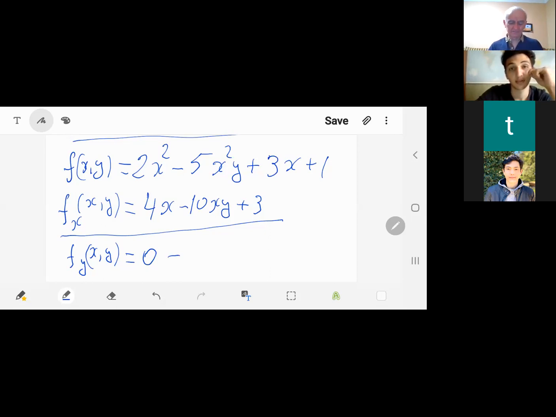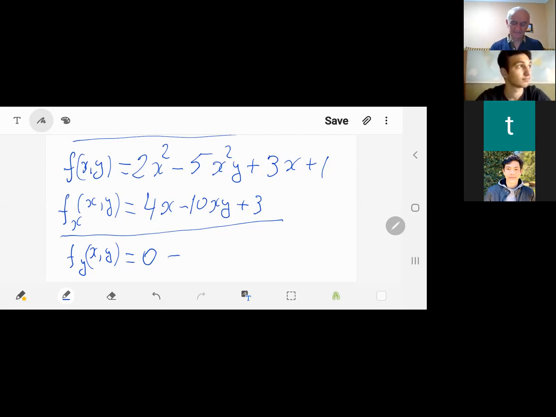Any idea, Sandro? Yes, I think it will be 5x squared. Yes, you are absolutely right, because 5 times x squared is constant. We can move this 5 times x squared out of the derivative, and the derivative of y is 1.